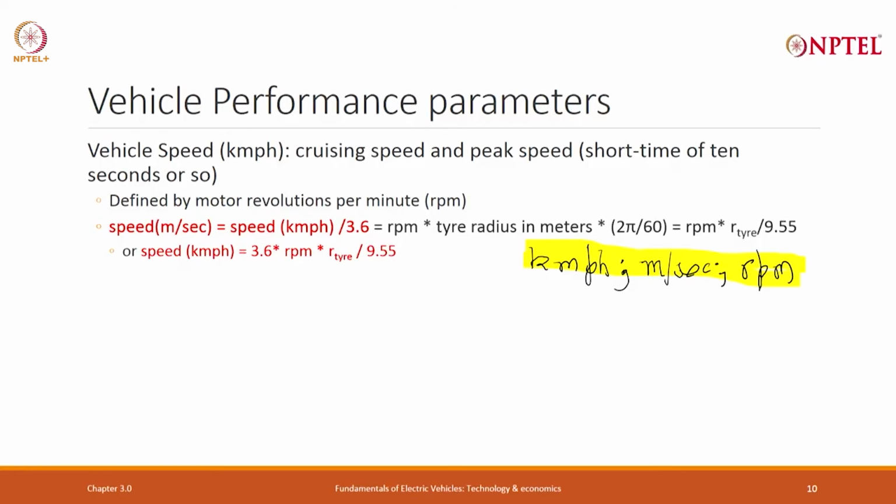So speed is 3.6 into RPM into R tire divided by 10. This is something that you should use and should be able to convert all the time.